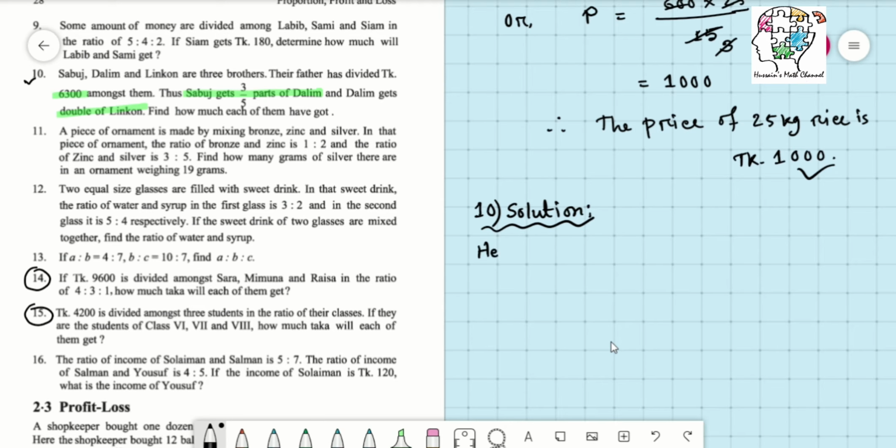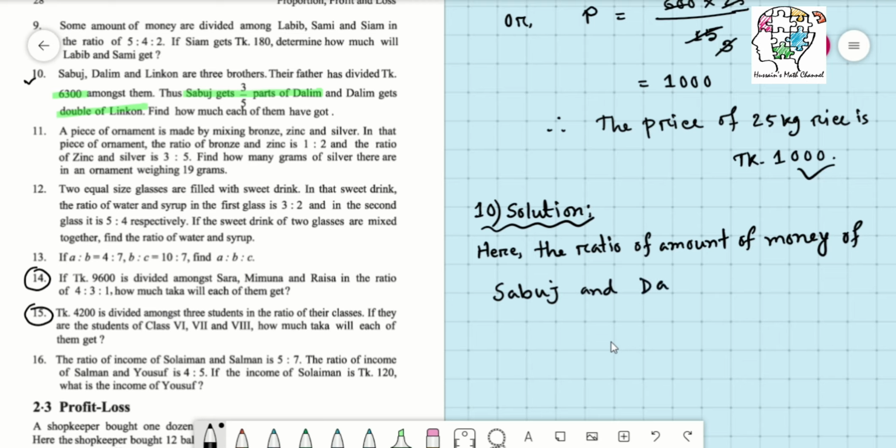Here the ratio of the amount of money of Shobuj and Dalim is 3:5.